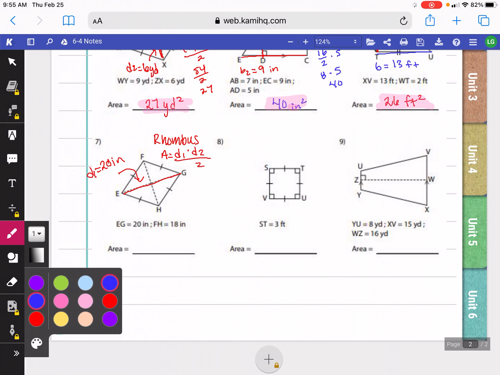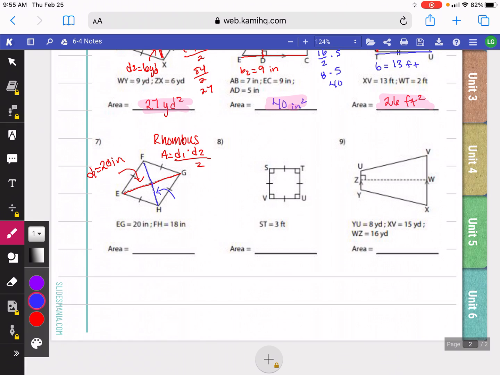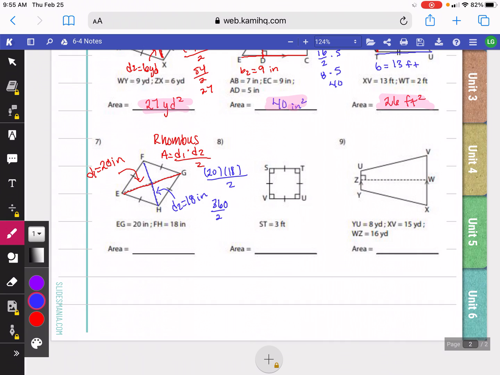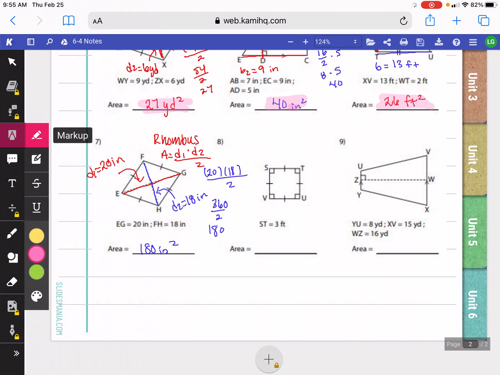I'm going to let that be my diagonal 2. So I'm going to do diagonal 1 times diagonal 2 divided by 2. 20 times 18 is 360. I divide that by 2, I get 180. So my area is 180 inches squared.